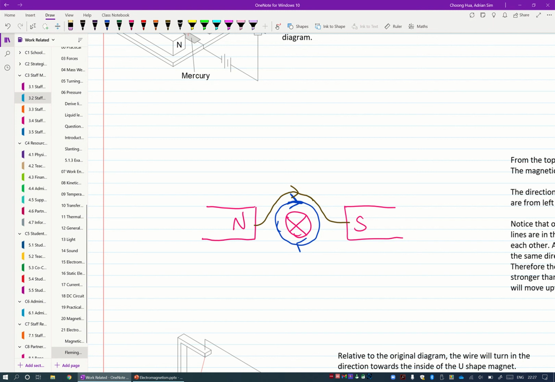And recall in the earlier example, we learned that when there are more magnetic field lines in one region, the magnetic force is greater.